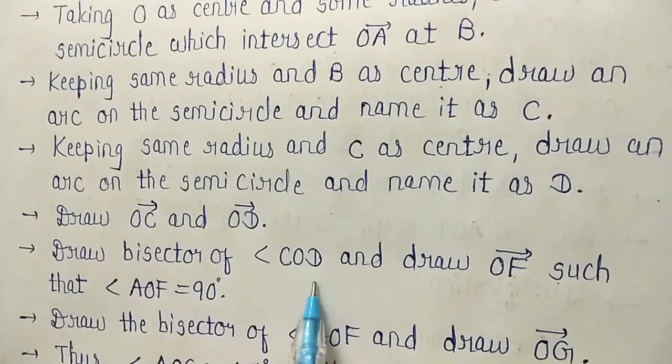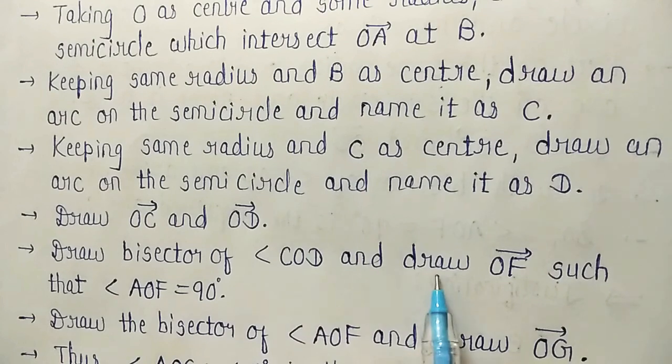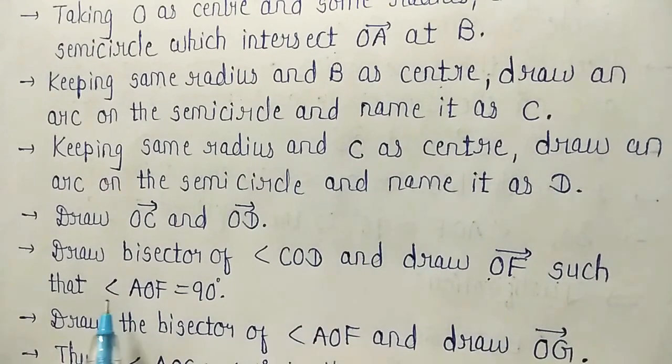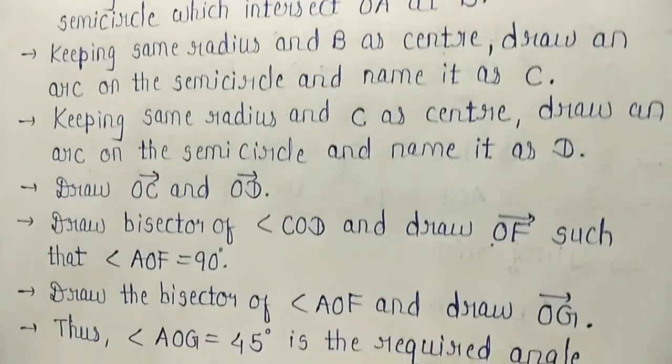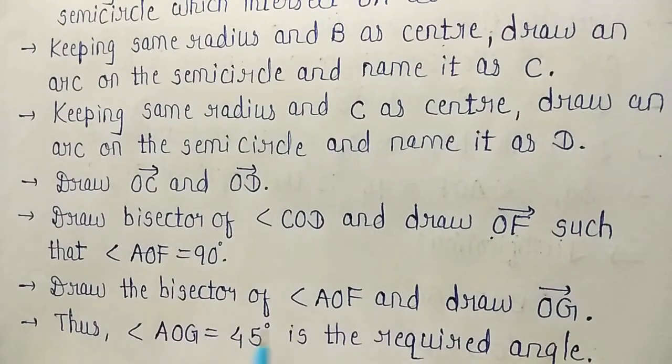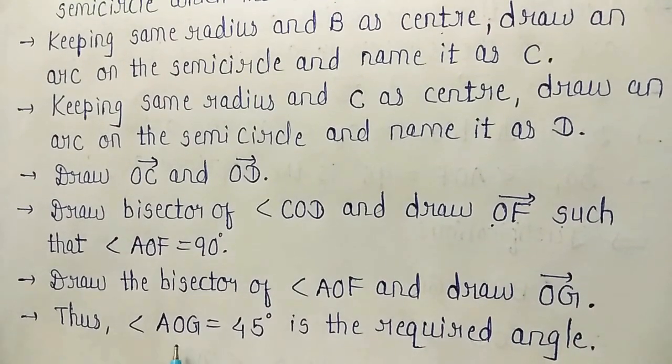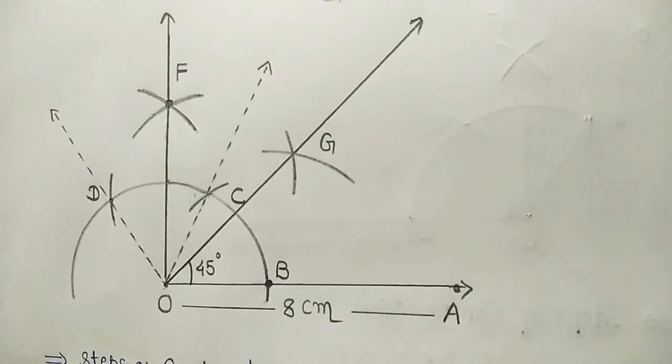Draw the bisector of angle COD and draw ray OF such that angle AOF is 90 degree. Next, draw the bisector of angle AOF and draw a ray OG. Thus, angle AOG equal to 45 degree is the required angle.